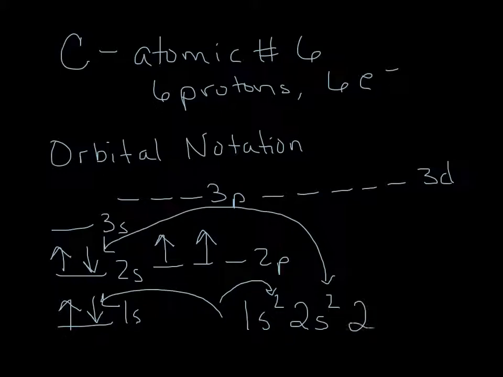And then 2P, 2 arrows, superscript 2. This is what is referred to as electron configuration. It's just a big fancy way of telling me where we think the electrons are in an atom of any element.